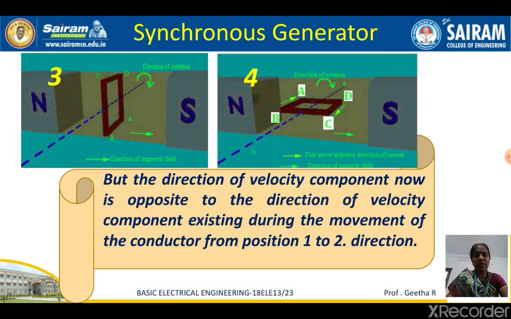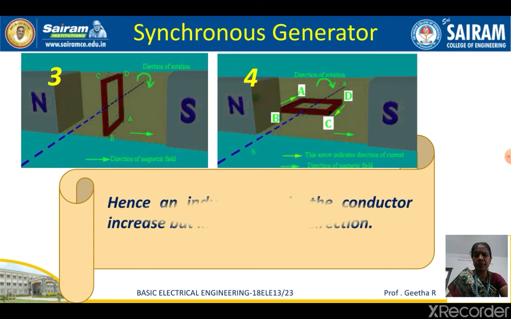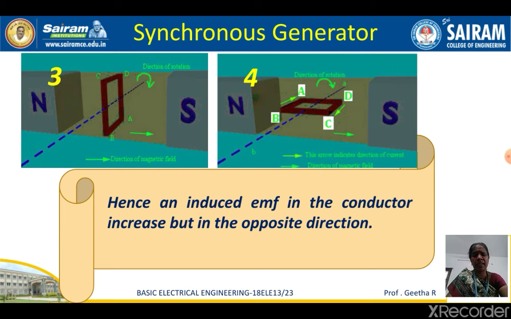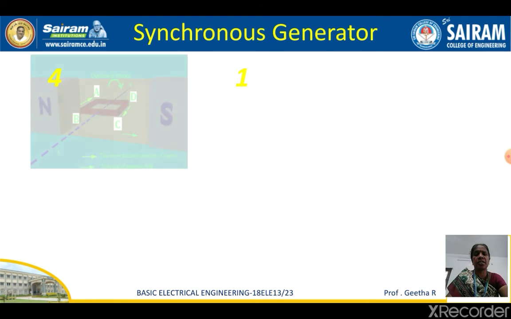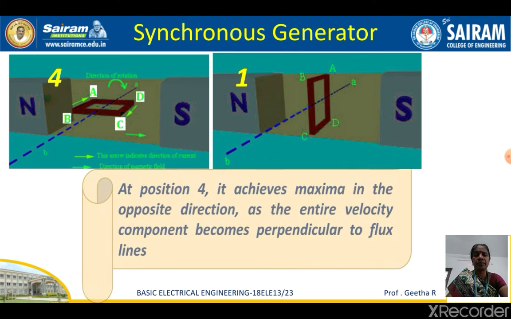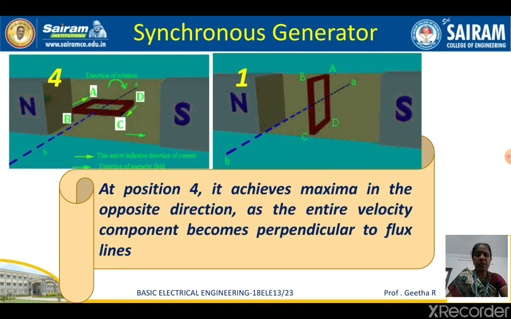Previously, from 1 to 2, the EMF induced was maximum on one side. Now from position 3 to 4, it is similar, but the EMF will be maximum in the opposite direction. Hence the induced EMF in the conductor increases, but in the opposite direction. At position 4, it achieves its maximum in the opposite direction, as the entire velocity component becomes perpendicular to the flux lines.